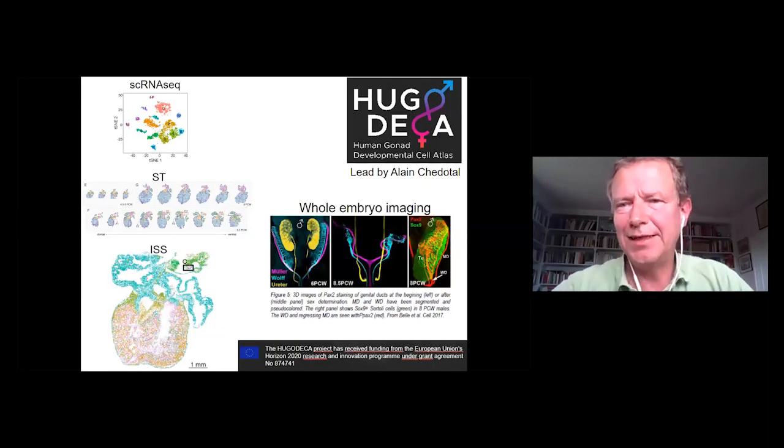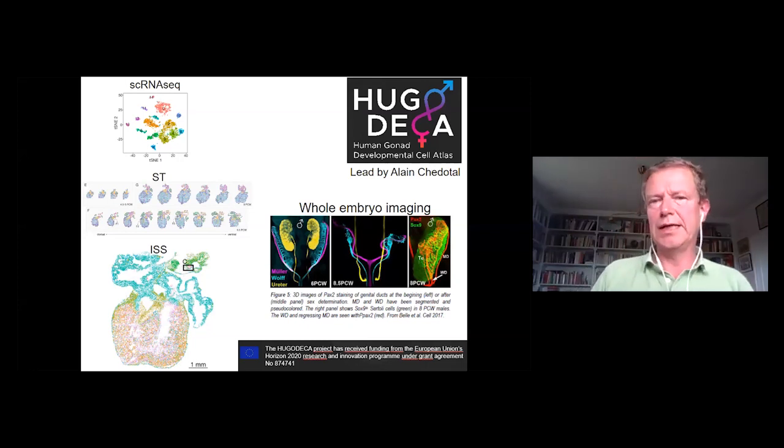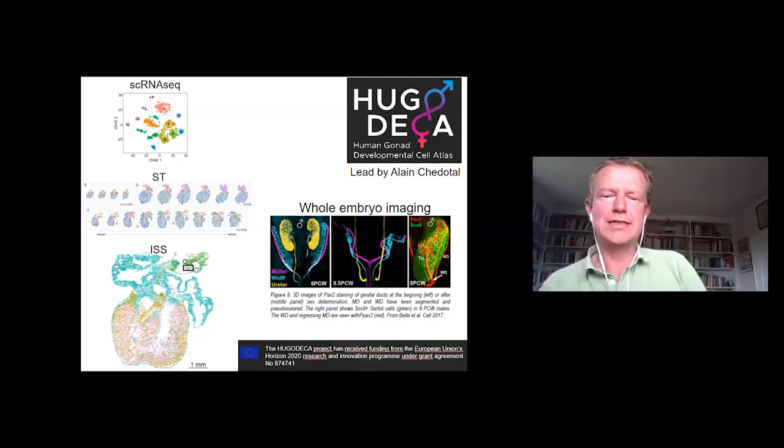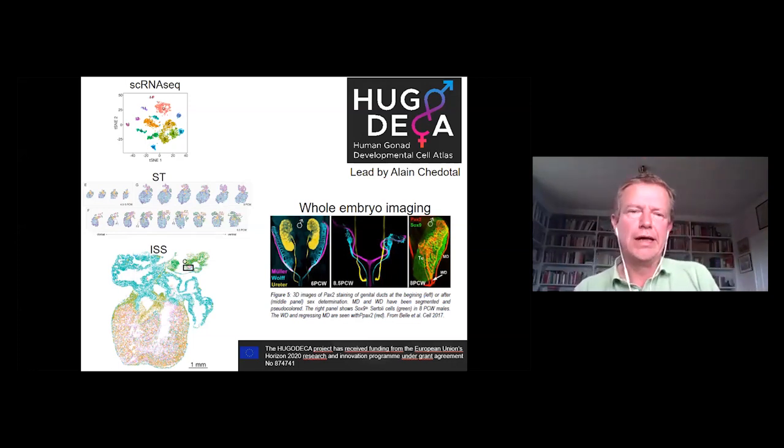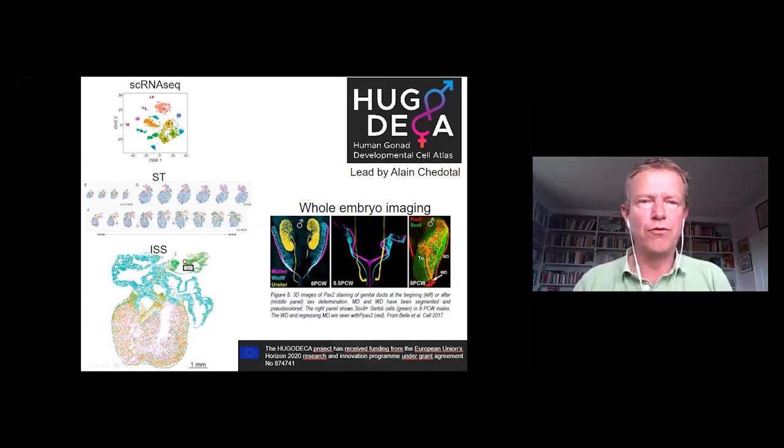The last thing is a little bit more forward-looking, and this also links to a transition over to Ali's presentation. I'm presenting here the Unicode project, which is led by Alain Chédotal, where we want to provide deep molecular information to whole embryos that have been imaged with whole-embryo imaging technology.